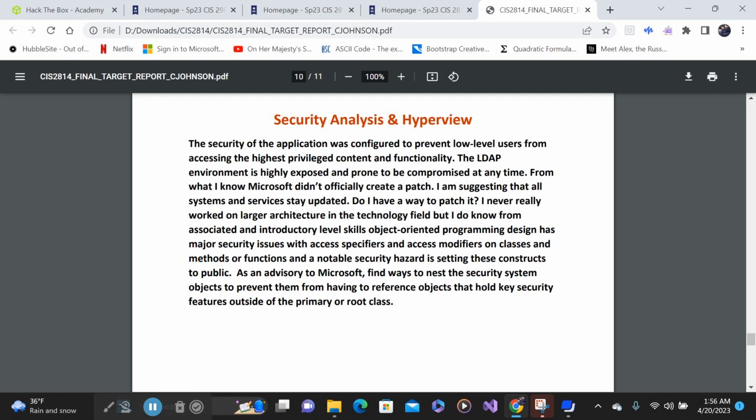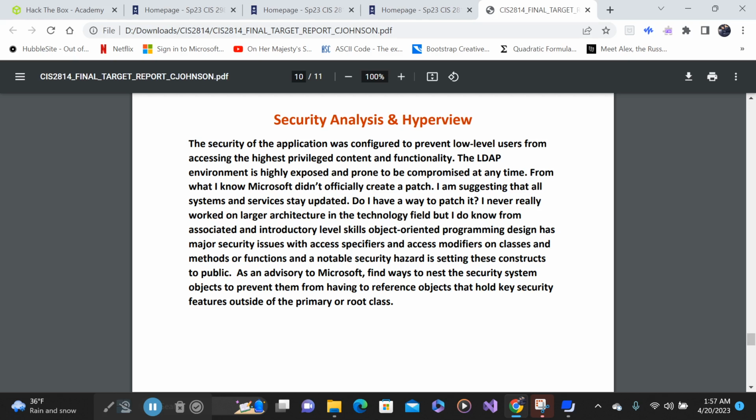Do I have a way to patch it? I never really worked on larger architecture in the technology field, but I do know from associate and introductory level skills that object-oriented programming design has major security issues with access specifiers and access modifiers on classes and methods or functions.